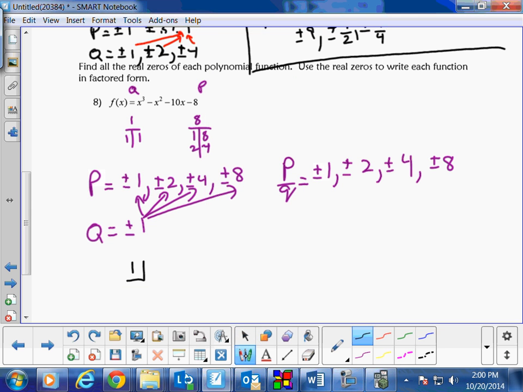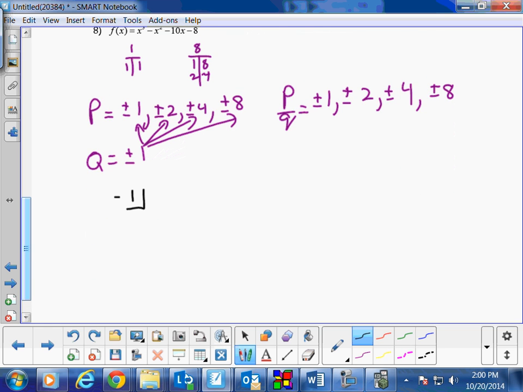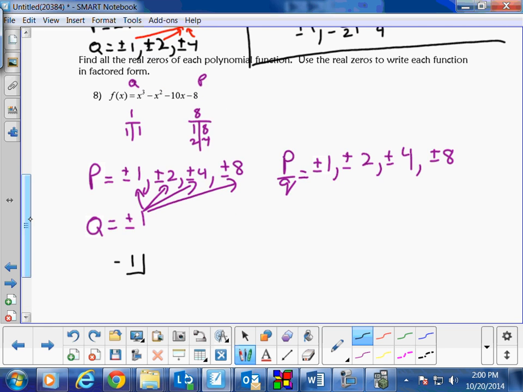So let me go ahead and write that down. Saves me a little time. It says -1 should be a factor. My coefficients on this synthetic division are 1, -1, -10, and -8.